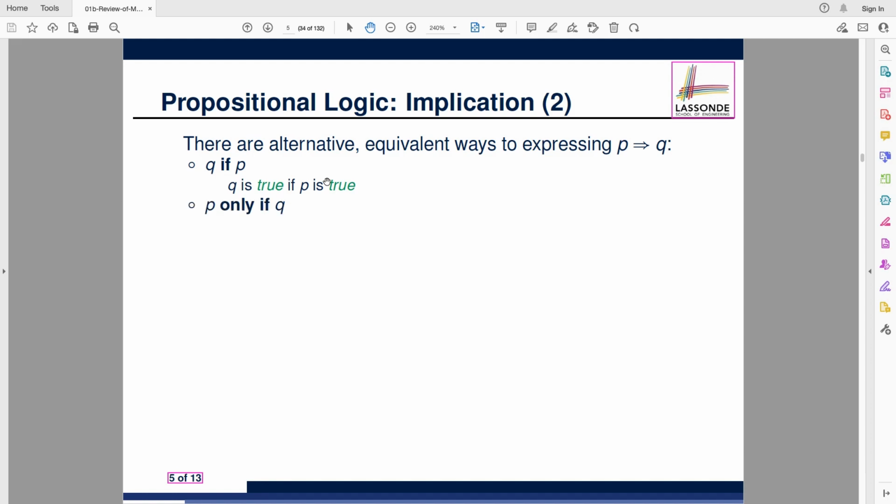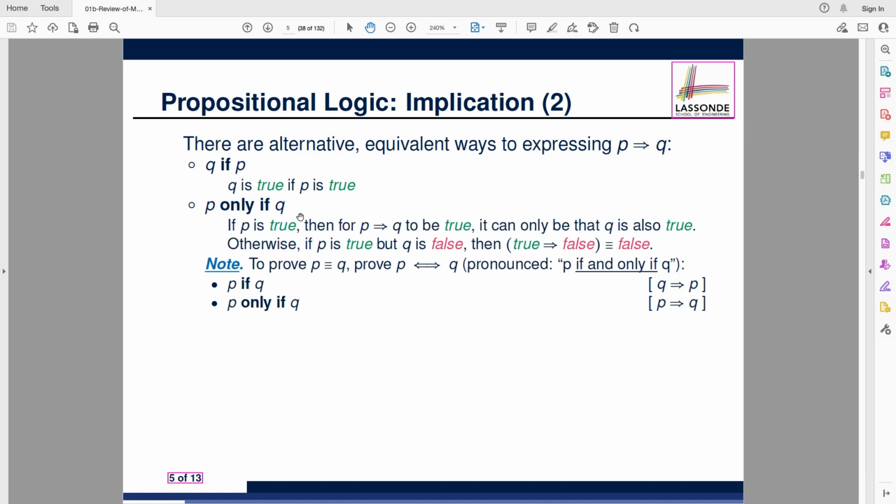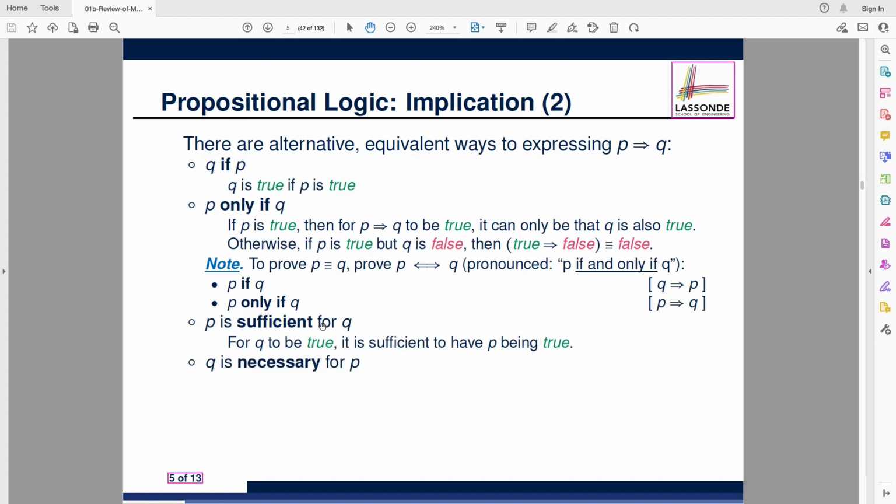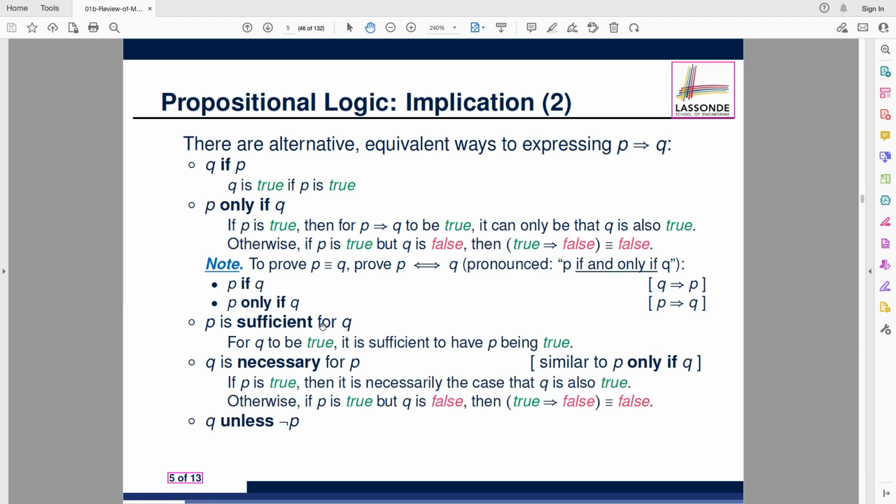The second way would be P only if Q. Notice one thing here: I put Q here, I put Q here. The order matters. It's not arbitrary. Or you can say P is sufficient for Q, the third way. The next one, Q is necessary for P. The final one, Q unless not P.